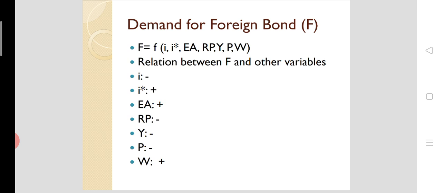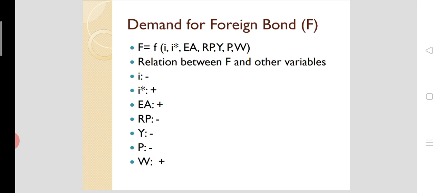Next one is EA. EA is the expected appreciation of the domestic currency. So when domestic currency is supposed to increase in the near future, then people will have a higher tendency to invest in foreign bond, as the foreign bond's value will increase after appreciation of the domestic currency.